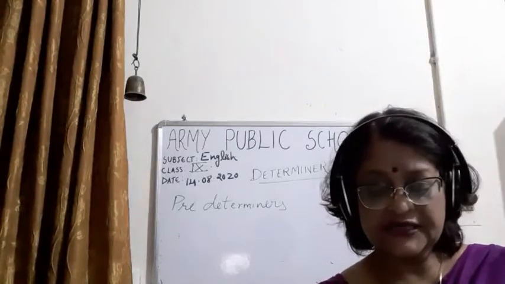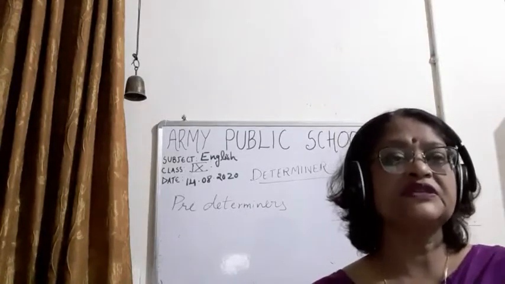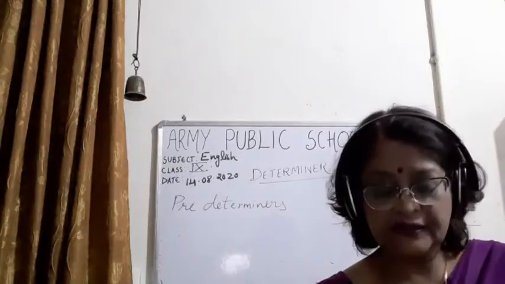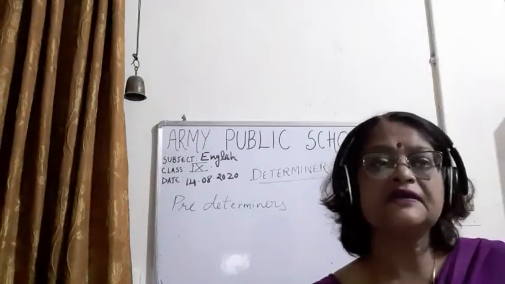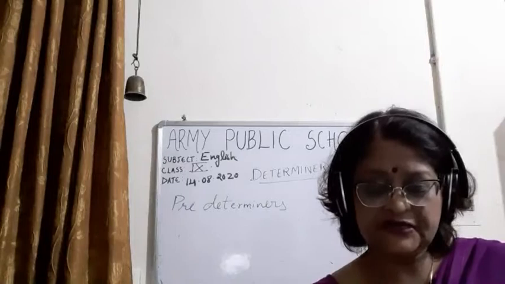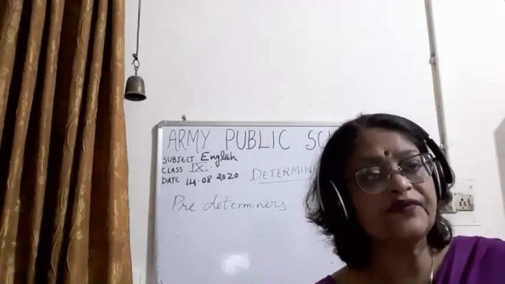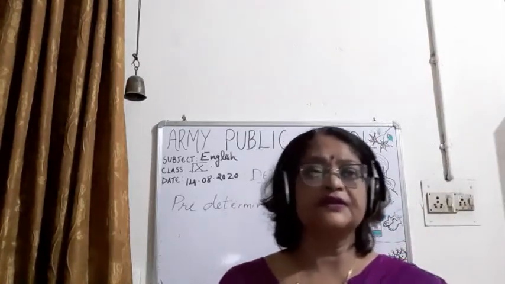So all is a predeterminer. Some of the words which are predeterminers are all, what, such, rather, quite, twice, double, both, half, half of the. So these are some of the predeterminers, students.